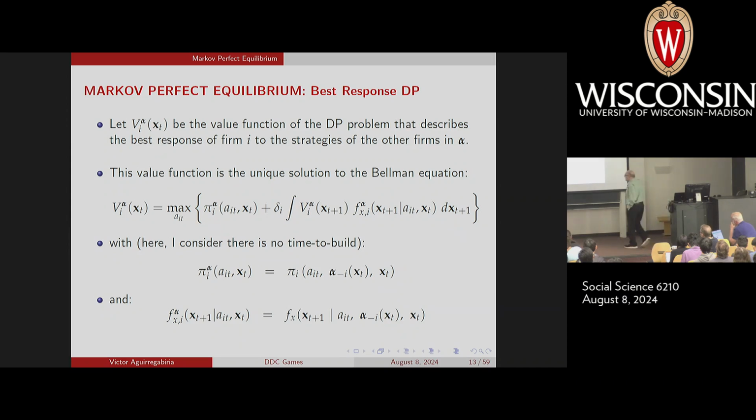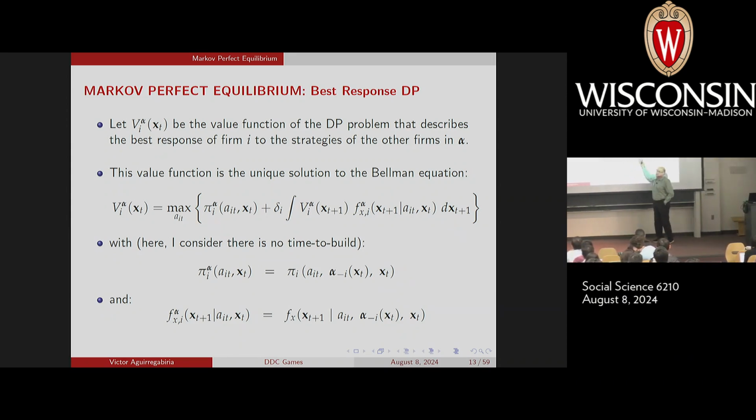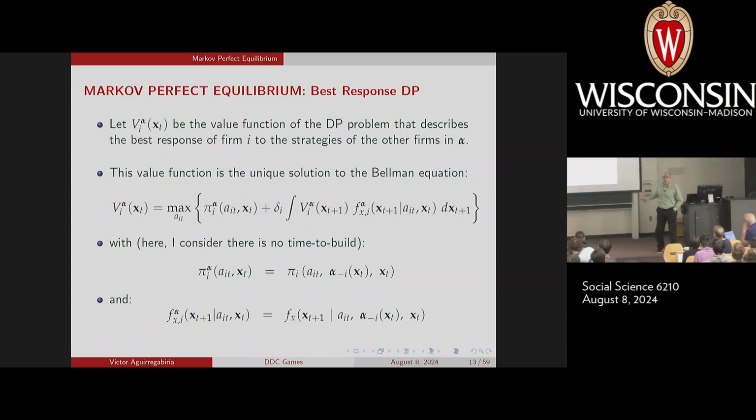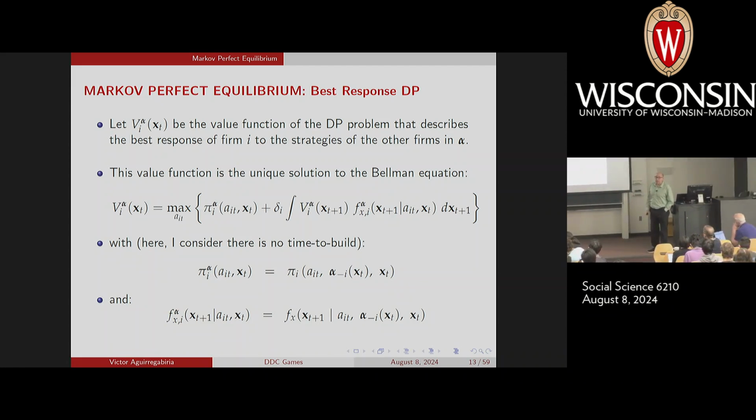And taking as given the strategies of the others, I have a well-defined single agent dynamic decision problem for each player that is going to give us, again, the best response, the best reply strategy for a player I. And a Markov perfect equilibrium, again, is a set of strategies where everybody is best responding to everybody.